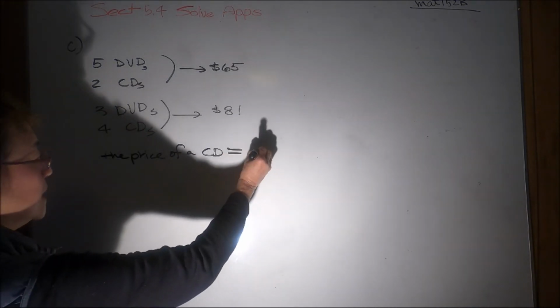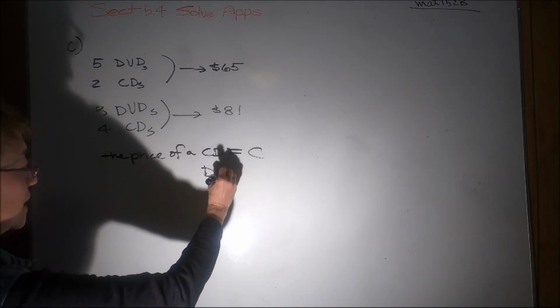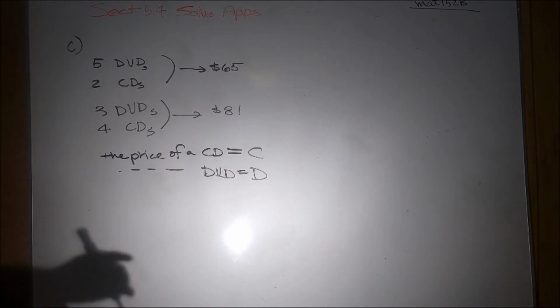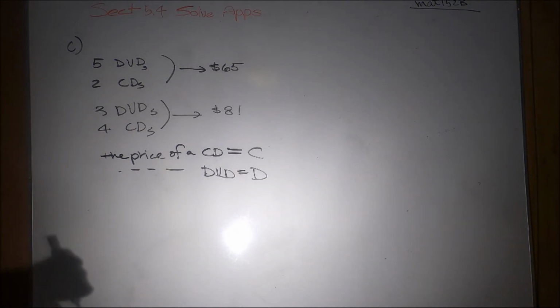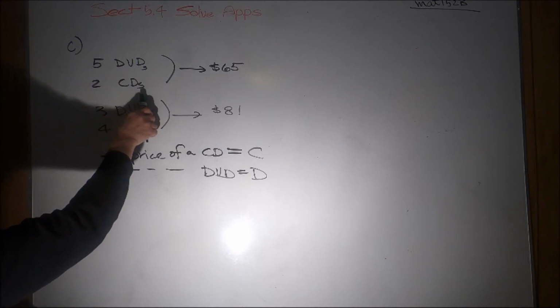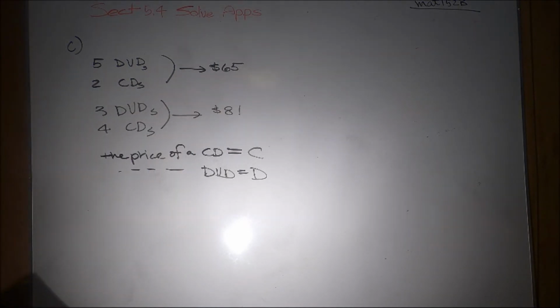So we say, okay, I call it C. Then I also want to find out the price of a DVD, so I call it D, right? 2 variables. But we need to write 2 equations. So 5 DVDs and 2 CDs is what? 65.